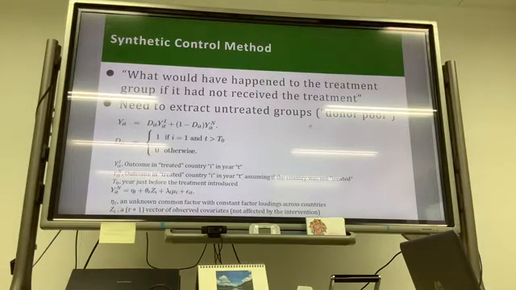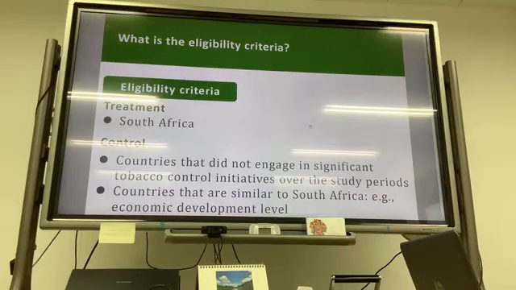And synthetic control method is kind of a simulation method. The key concept of this method is what would have happened to the treatment group if it had not received the treatment. So we need to extract an untreated group. And in this study, they selected countries by the criteria shown here, and excluded the countries that did not meet the criteria.